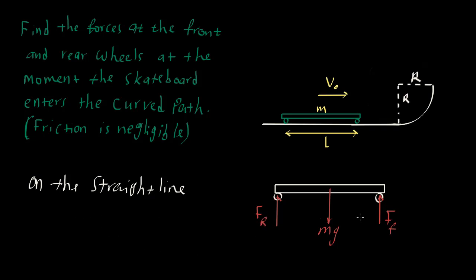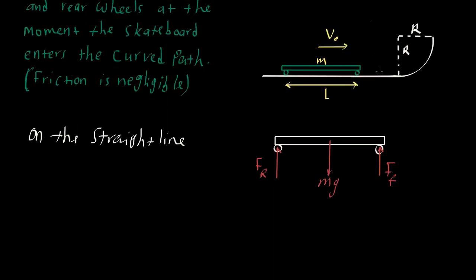So these are the forces that are acting on the skateboard on the straight line. If we write down Newton's equation, because the skateboard is just moving with constant velocity to the right, there is no acceleration, so we expect equilibrium.